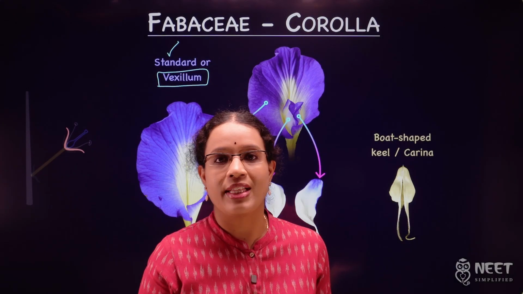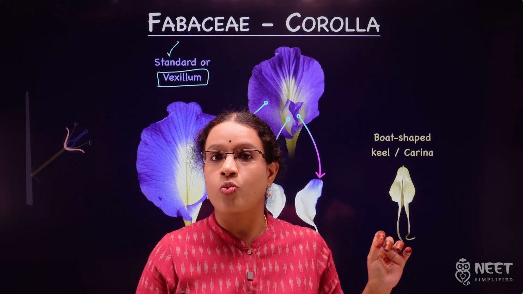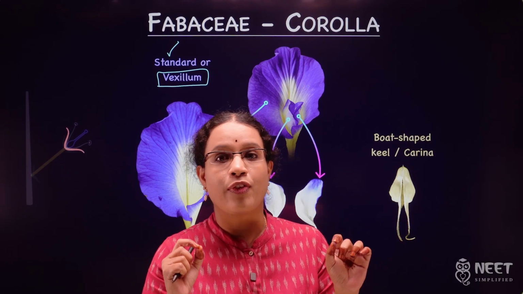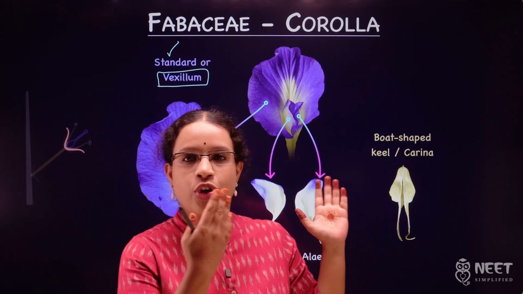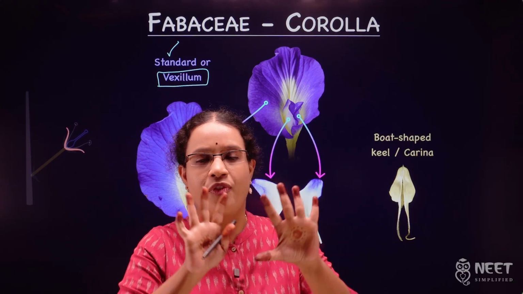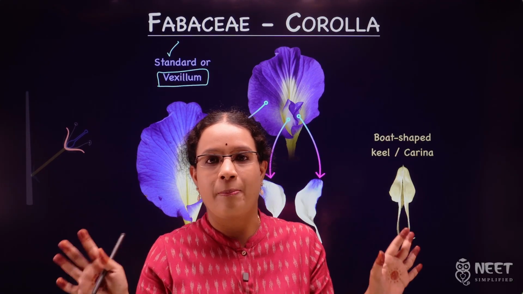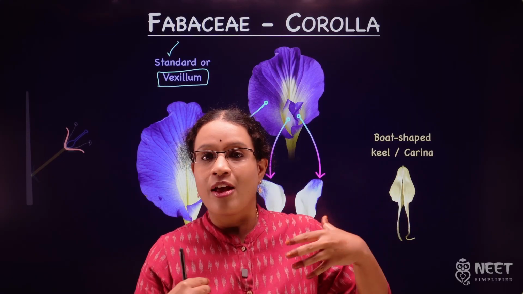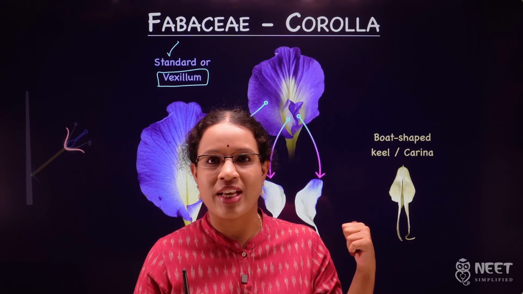Why are we calling this vexillum? We call this vexillum because in Latin, vexillum is nothing but a flag or a banner. Don't you see this as a very prominent flag or banner which is showing that it is present? The flower is showing itself through the vexillum.